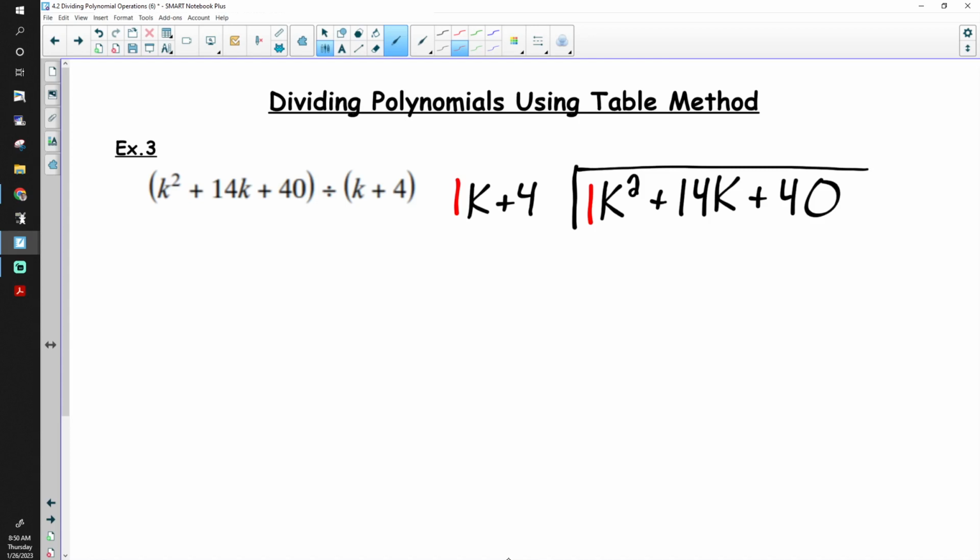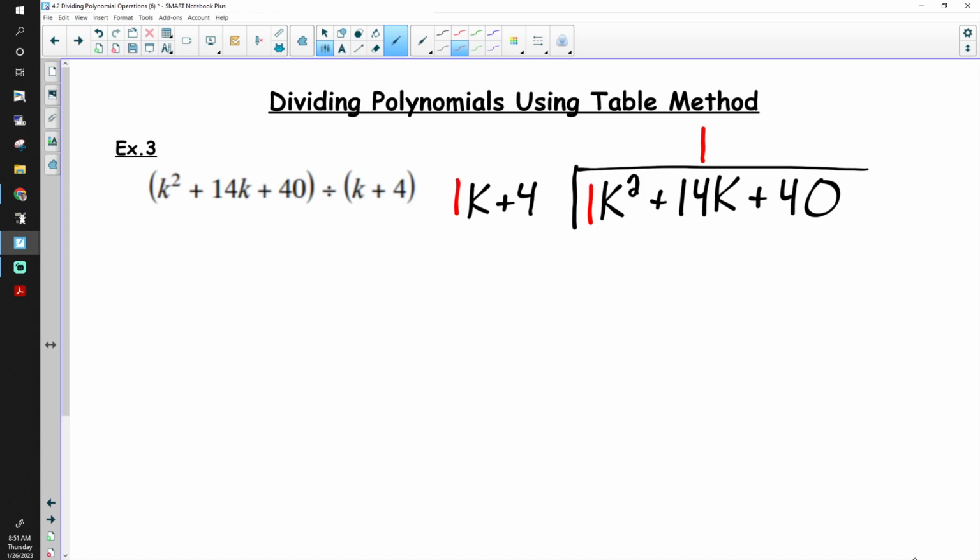So we're trying to turn 1k into what? 1k squared. So write down above your second term, because we need to fit it into two things, so we write it above our second term. We know we need to multiply 1 times 1. And now look, if you're confused about the k, this is how easy it is.